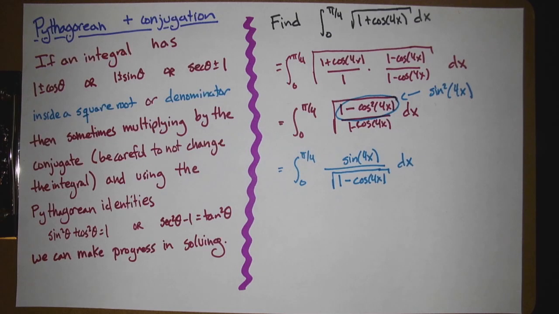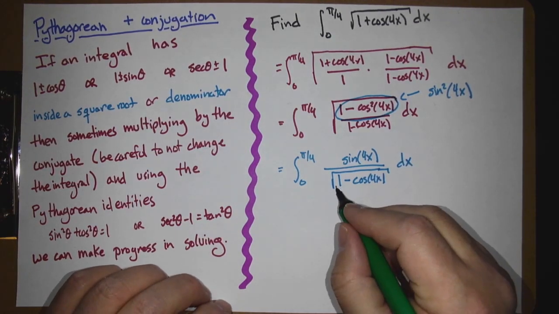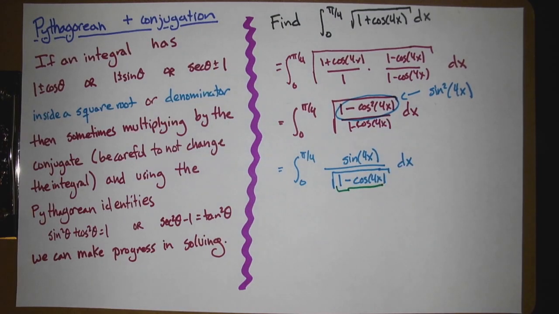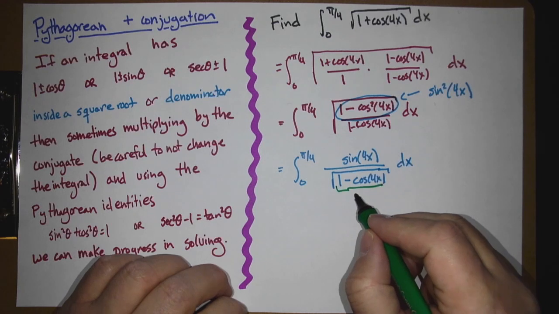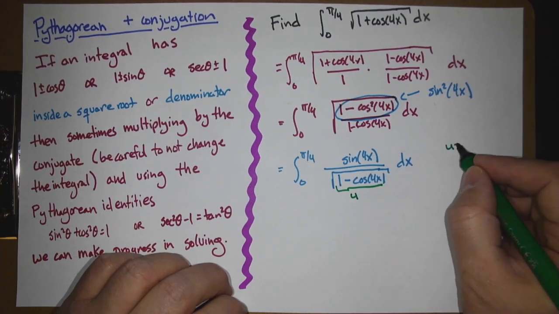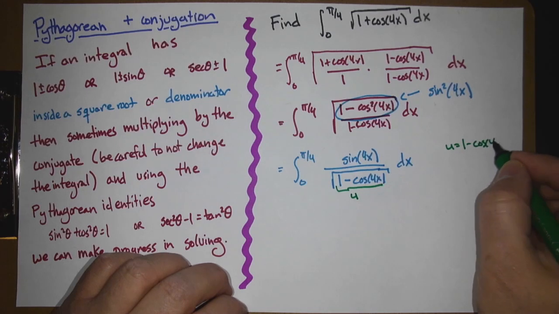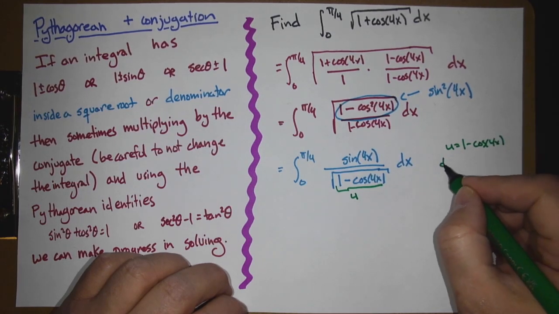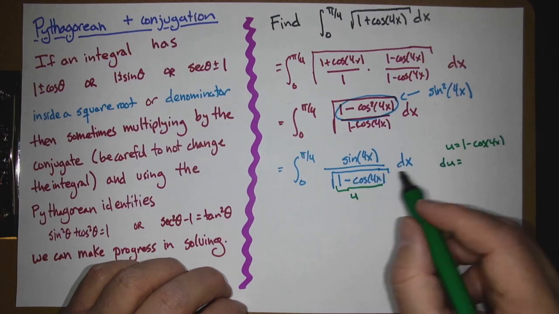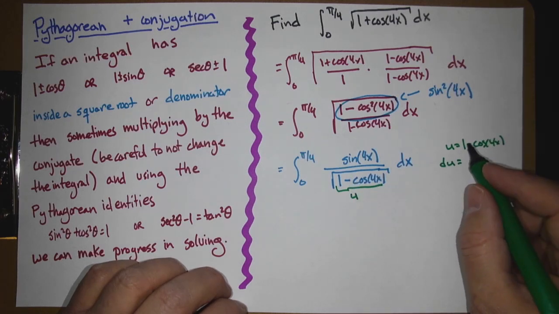We can do a straightforward substitution. This part that we've introduced upstairs is now the derivative of something. So let's set this term to be u. We have u equals 1 minus cosine of 4x. Then du will be the derivative of cosine 4x.